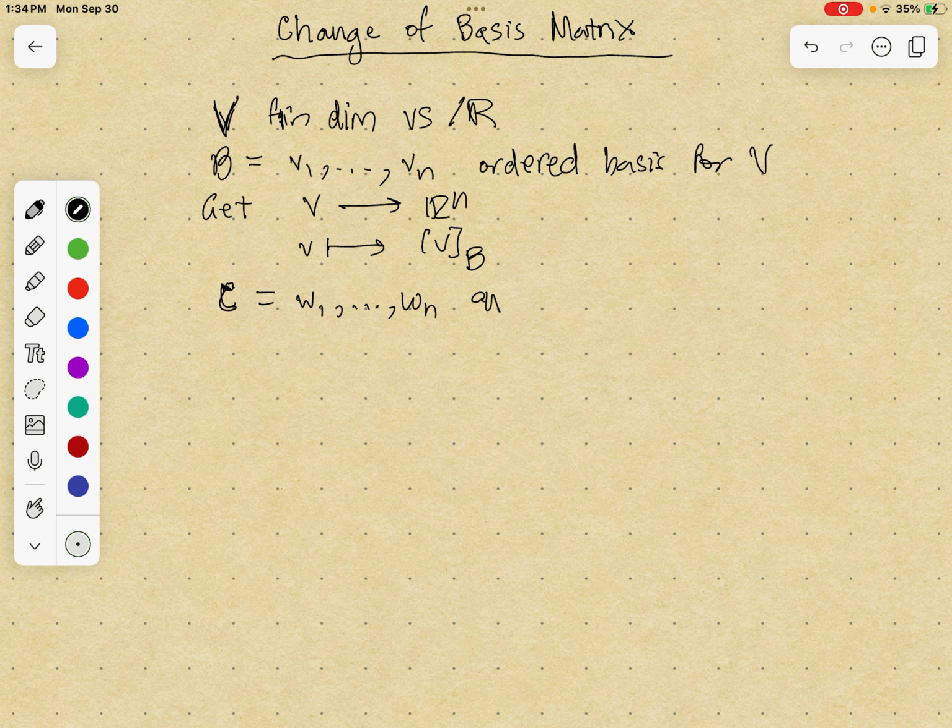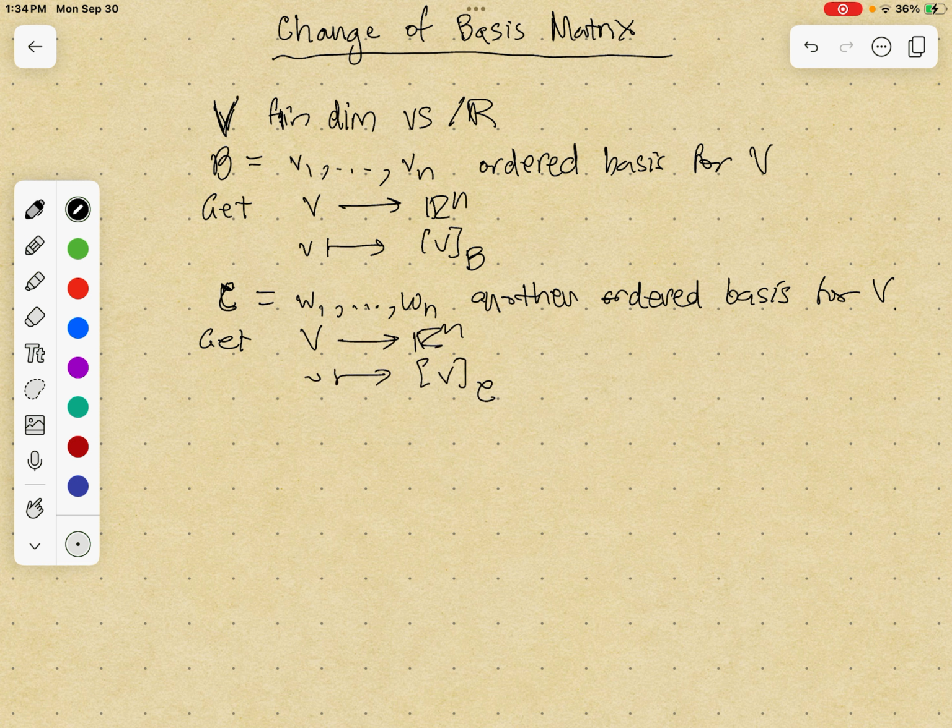So let's say that you have another ordered basis for V. Well, then you get a map from V to Rn that sends V to the coordinate vector of V relative to the basis C, right?